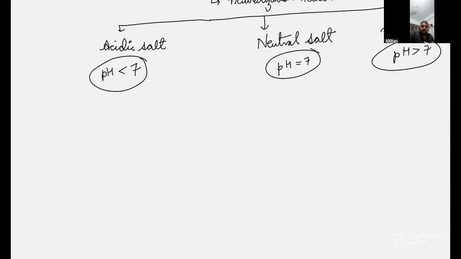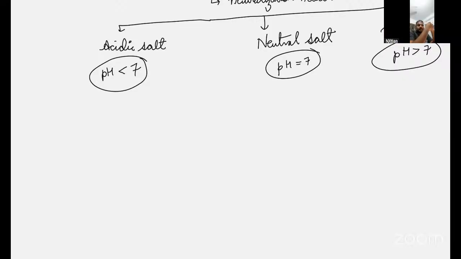Now, Amar, can you tell me any example of acidic salt? Acidic salt, weak acid, strong base. Sir, when we mix hydrogen carbonate plus sodium hydroxide. So weak acid, strong base gives basic salt. I'm asking about acidic salt.